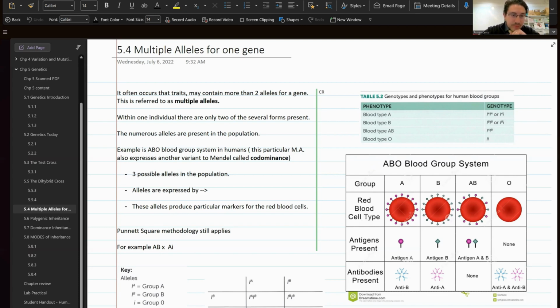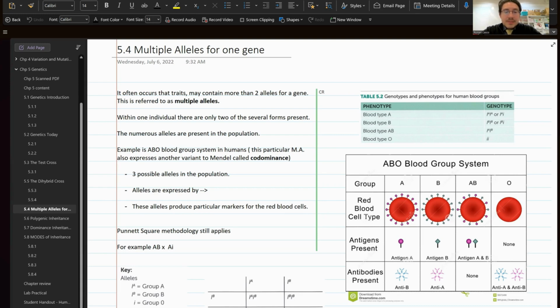It may contain more than just two alleles for a gene, and this is referred to as multiple alleles for a trait. Generally there are two forms, but you could have instances where there are multiple alleles for one given situation.